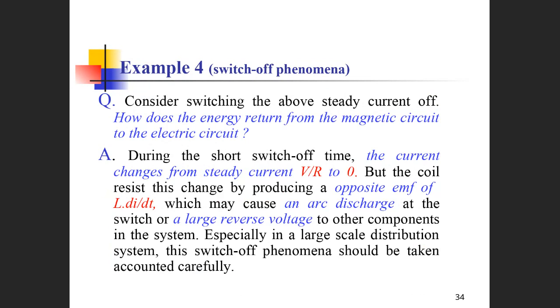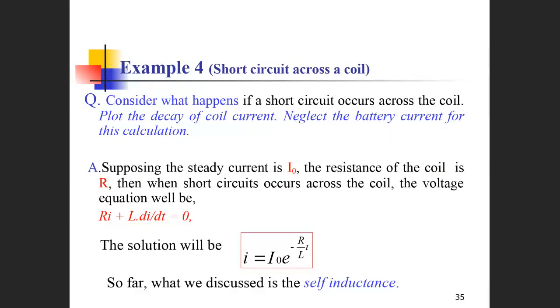You can analyze example 4 simply based on the above circuit. When you consider switching the above stated current off, what happens to it? We can discuss this further in tutorial sessions.